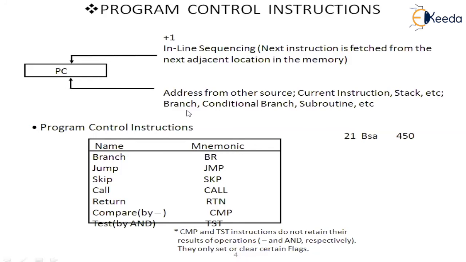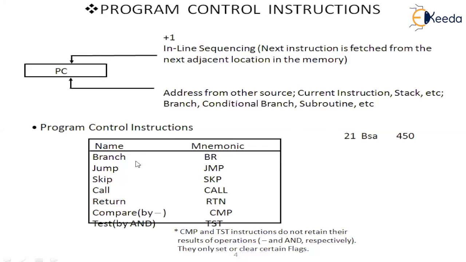But during branch instructions, the program counter value will not be taken; it will rather be saved somewhere, and we go to another sequence, whose address may be collected from the address part of the current instruction. Let us see what those instructions are.